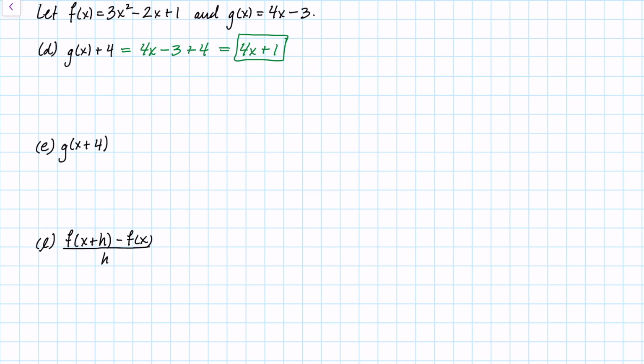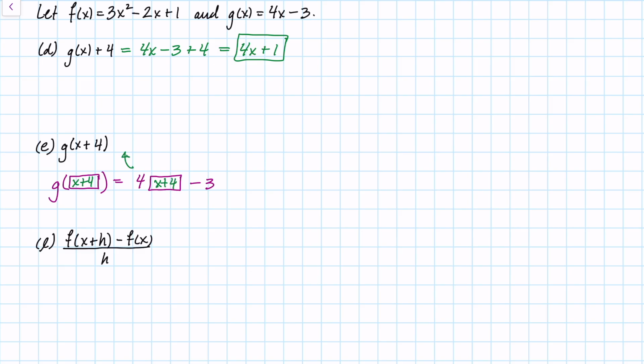Let's just say that g is going to take something in that empty box or mystery box, and based on the definition of g, which is right on top over here, I'm going to multiply whatever I have in this box by 4, and then I'm going to subtract 3. Okay, so this is what the function g is doing. Now, in this case, what's inside the box is just x plus 4. So I'm just going to write x plus 4 here and x plus 4 here.